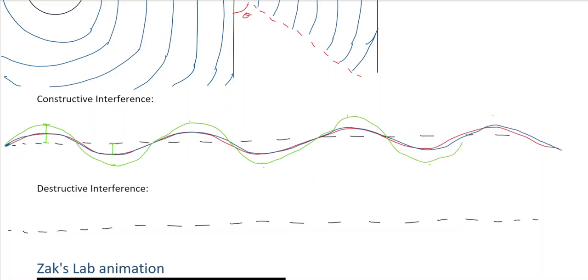I'm not doing a fantastic job, but I think it kind of shows roughly what's going on, right? They constructively interfered, and so they increased the maximum and increased the minimum. Max and min.